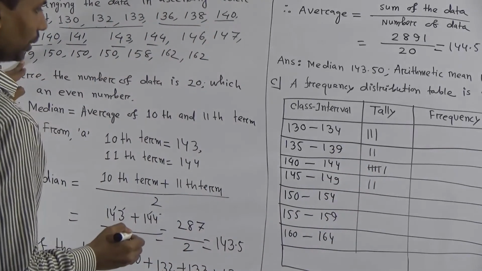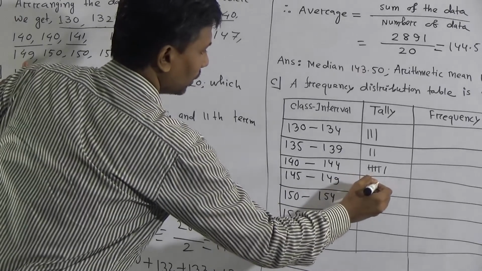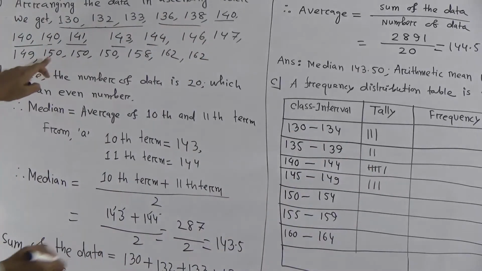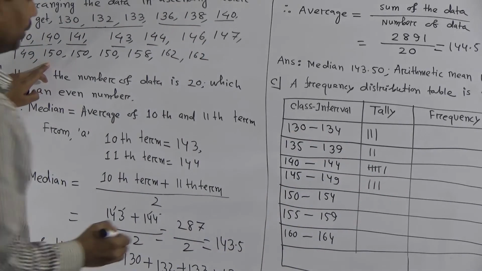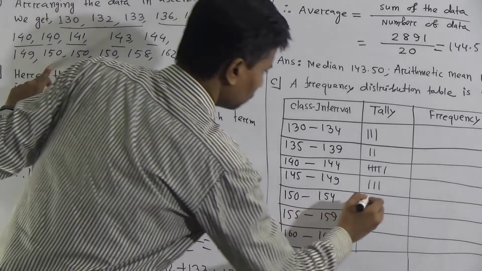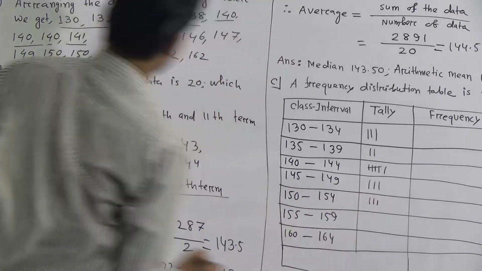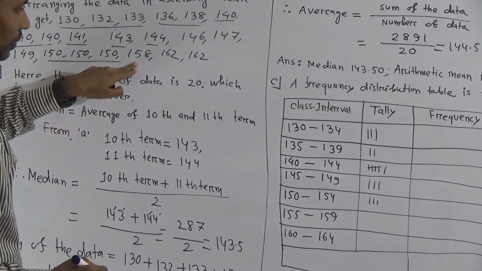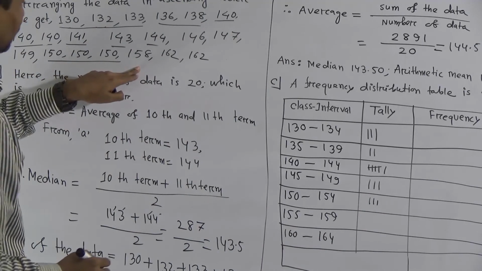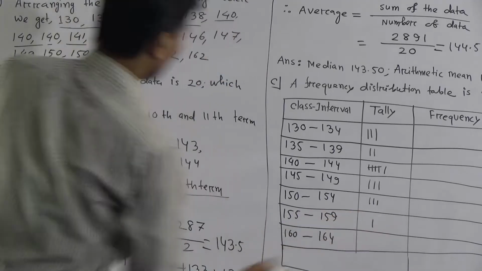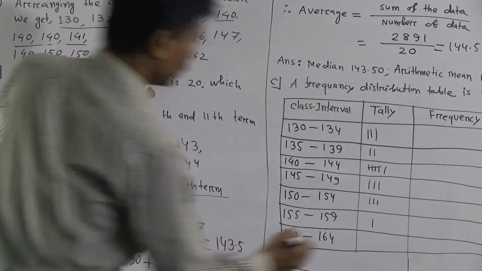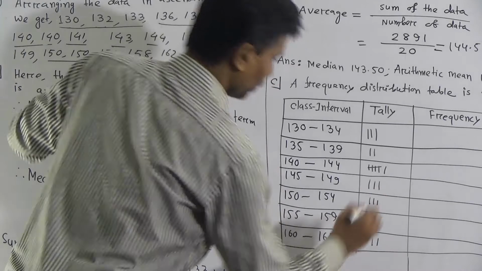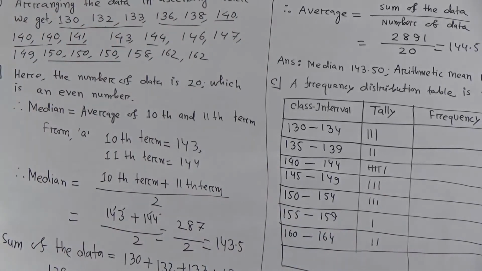Then 149 where? Here. Then 150, how many? 1, 2, 3. You see 158. Then 158 where? Here. 162 here. Okay.